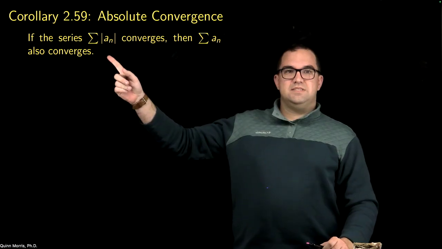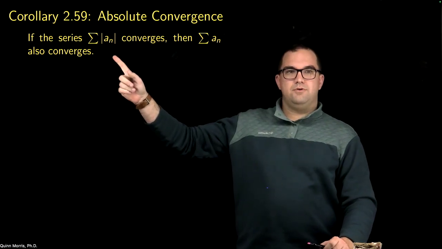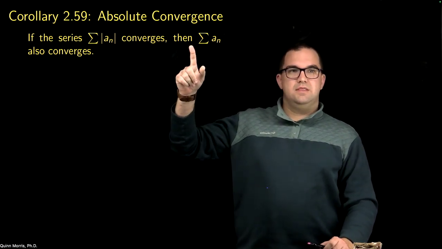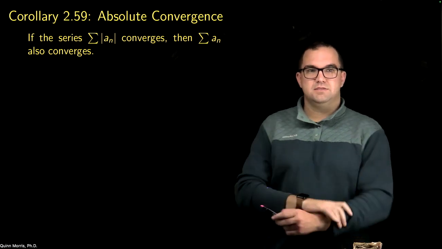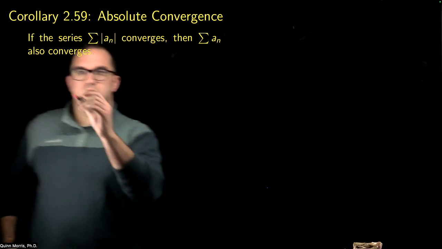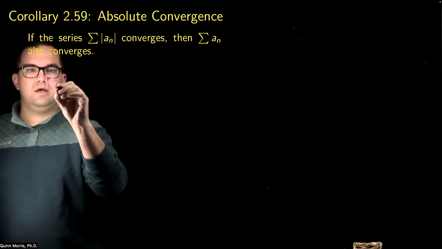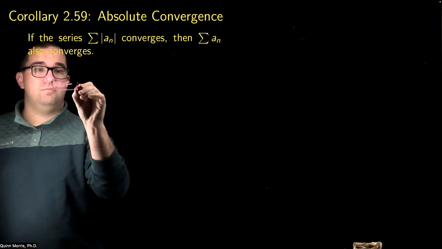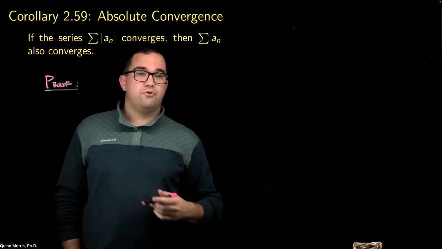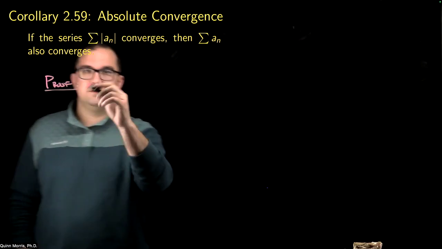It says, if the series, the sum of the absolute values of a_n, converges, then the sum of the a_n must also converge. It's called a corollary because it follows almost immediately from the Cauchy criterion for series convergence.